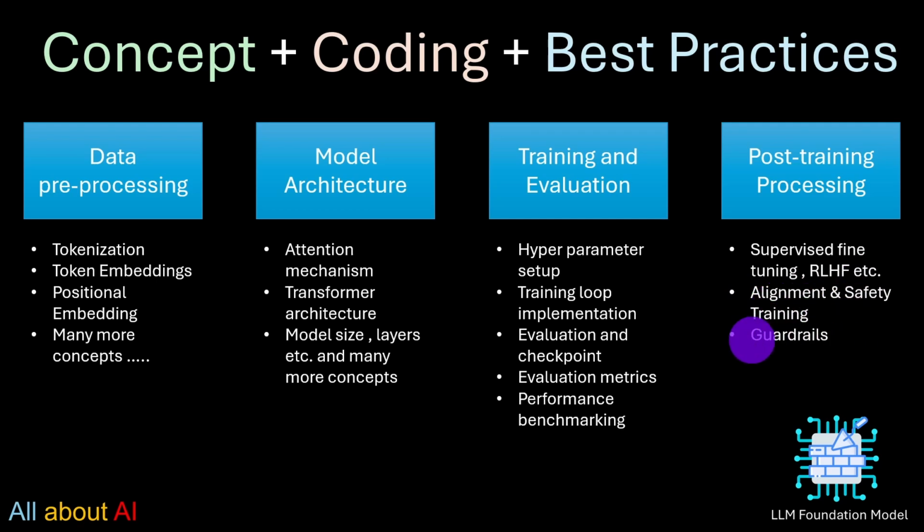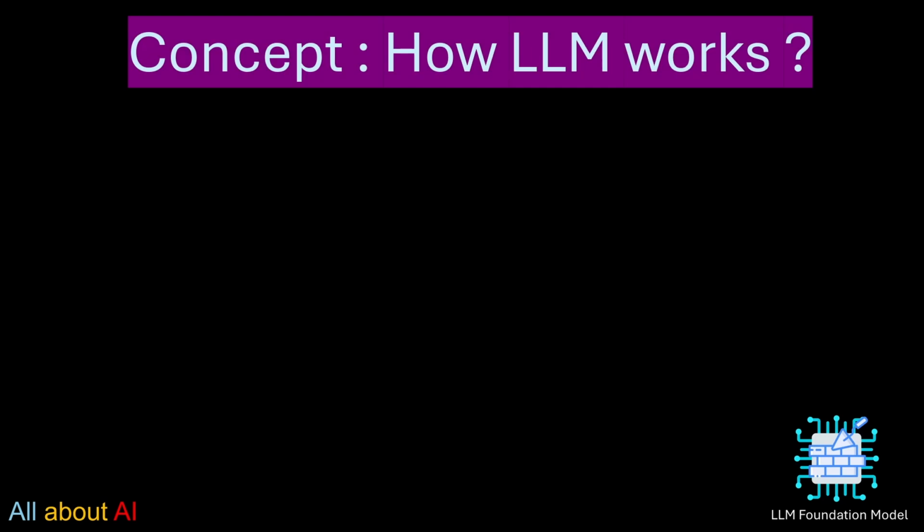Then what guardrails need to be built for avoiding toxicity, bias, and different other challenges that come with language models. We'll learn all of them. Some of them will be very conceptual because we may not get a chance to implement them in our toy dataset or toy example. But you will have enough information to understand how it works.